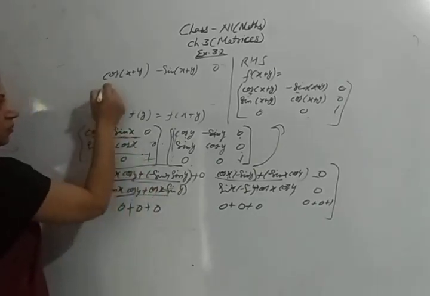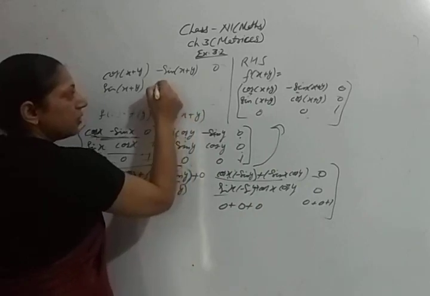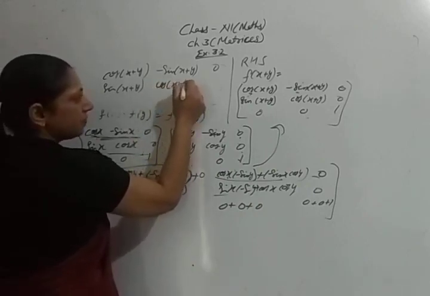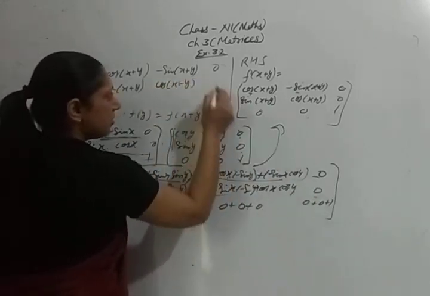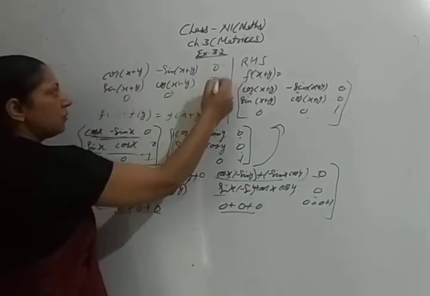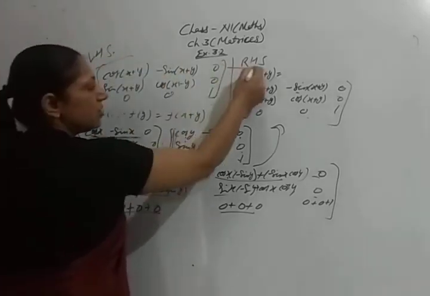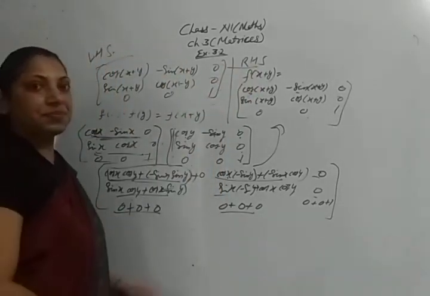This one is the formula for sin(x plus y), this one is the formula for cos(x plus y), this is 0, and this one is 0, 0, 1. So this is our left hand side. So left hand side is equal to right hand side.